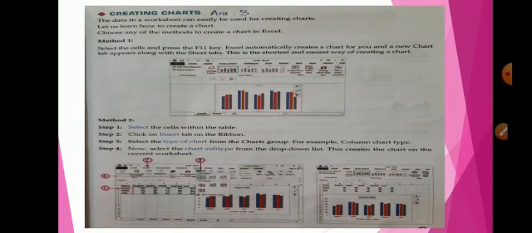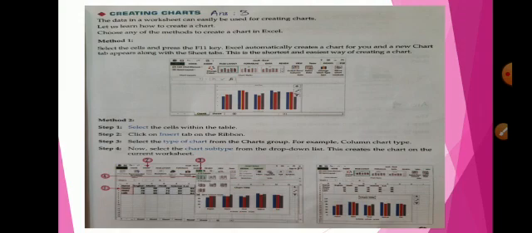Question number 2, difference between column and bar chart, that you have to note down yourself. Note down this answer properly. If possible, I am going to give you the answer of column and bar chart. I am giving you the points. Note down yourself. Listen carefully.